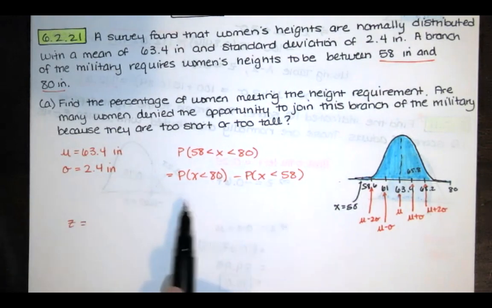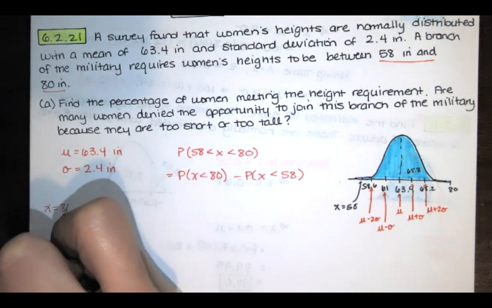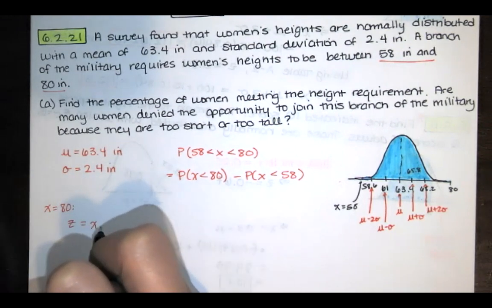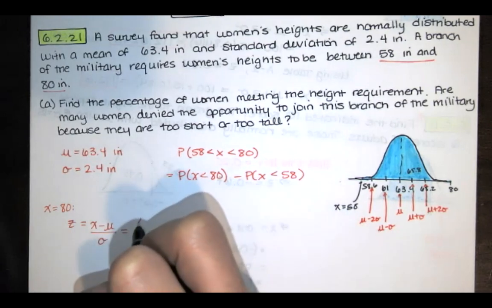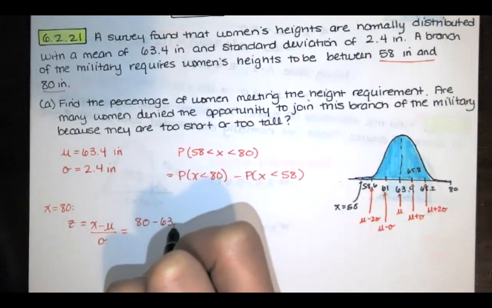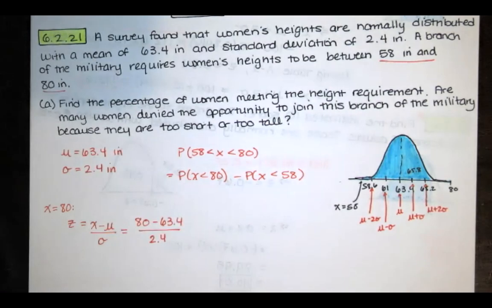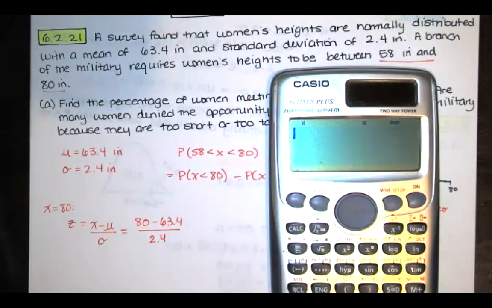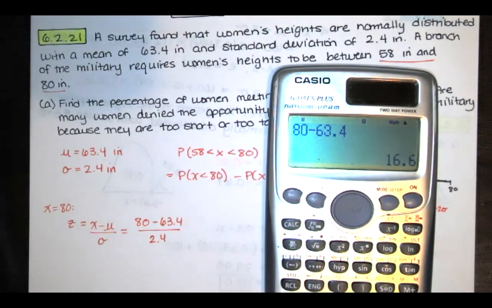So if I want a z-score corresponding to x equals 80, this is what I'll do. I'll take the x value, subtract the mean, and divide by the standard deviation. So I've got my x of 80, and I'm subtracting 63.4 and dividing by 2.4. 80 minus 63.4 is 16.6, and you divide that by 2.4.